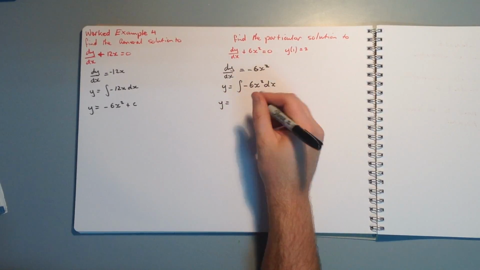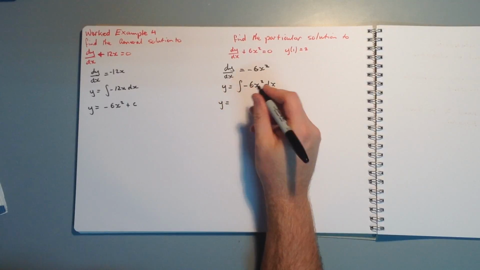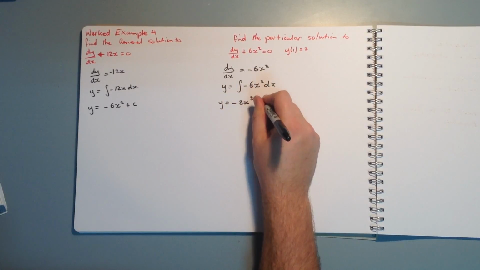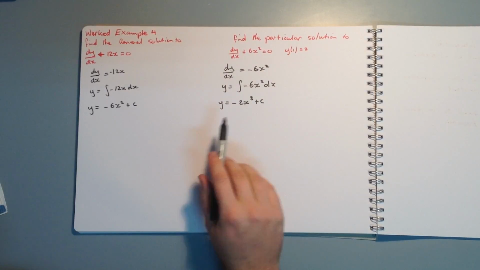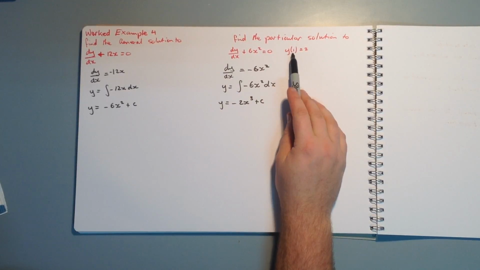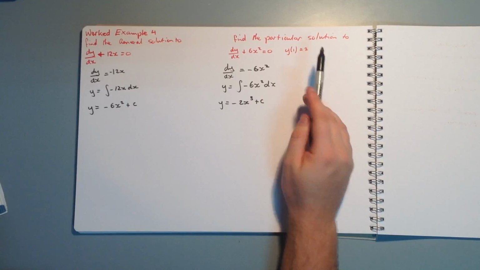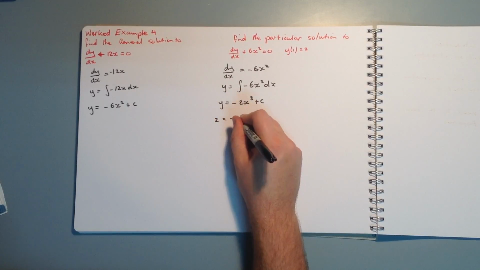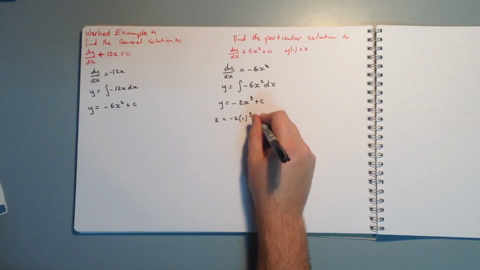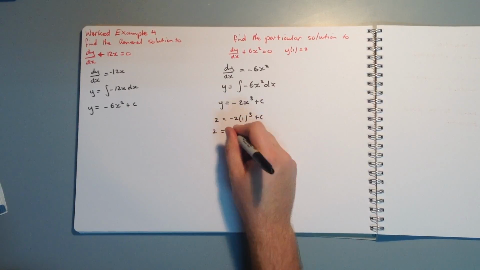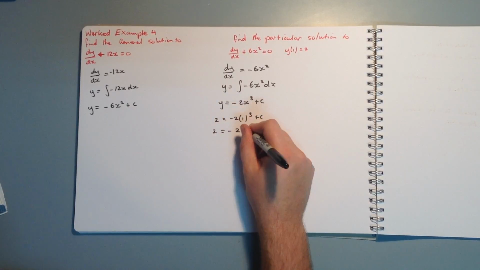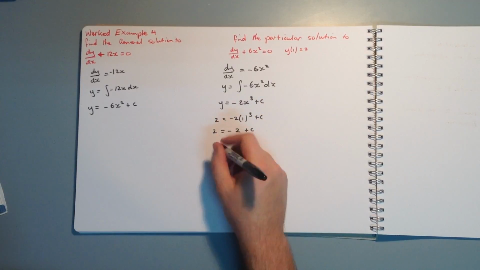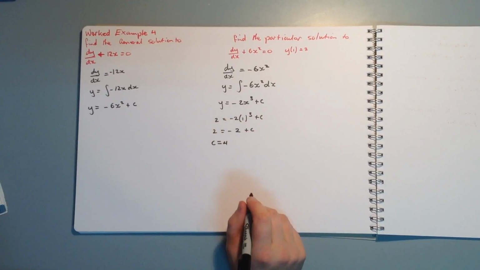So y is going to equal minus 2x cubed plus c. Now we know if we sub 1 into the equation, it's going to give us 2. So we can say that 2 is equal to minus 2 times 1 cubed plus c. So 2 equals minus 2 plus c. We add on our 2, which means c equals 4.